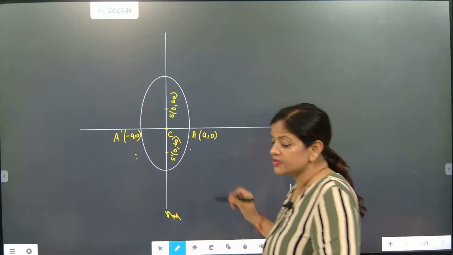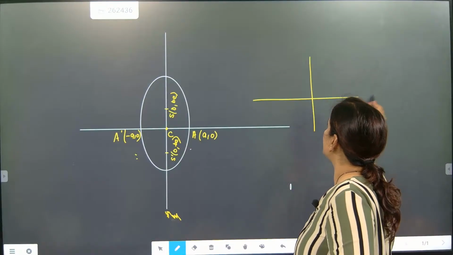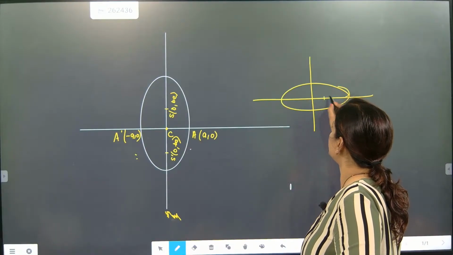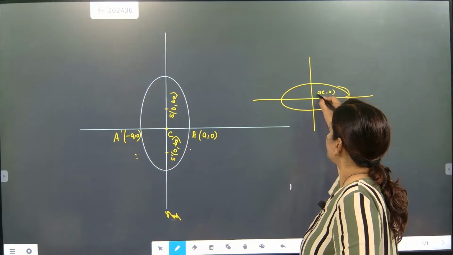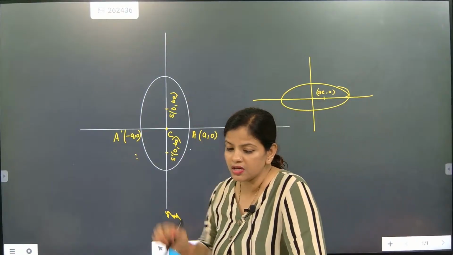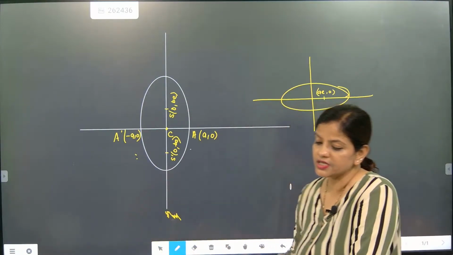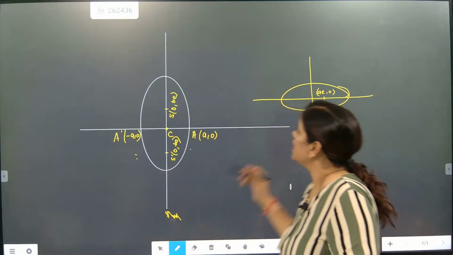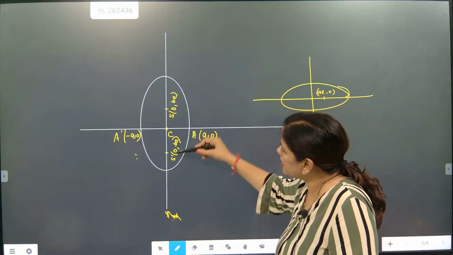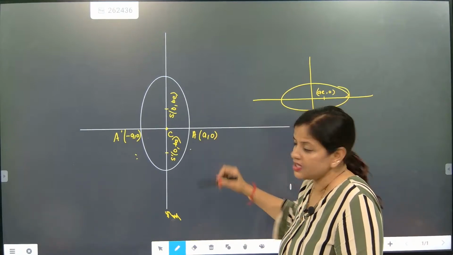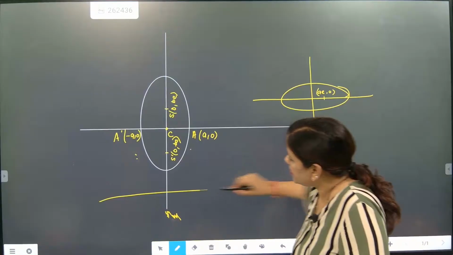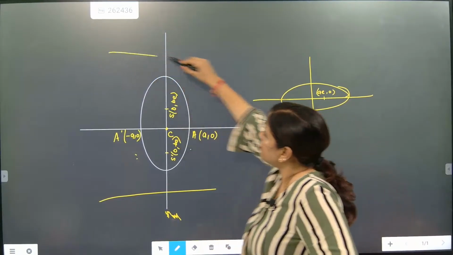When the ellipse was placed the first time, the focus was AE comma 0. But now the focus is 0 comma BE, and 0 comma minus BE. And the directrix lines will be here and here.